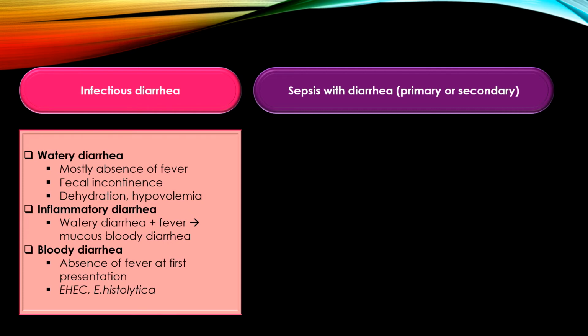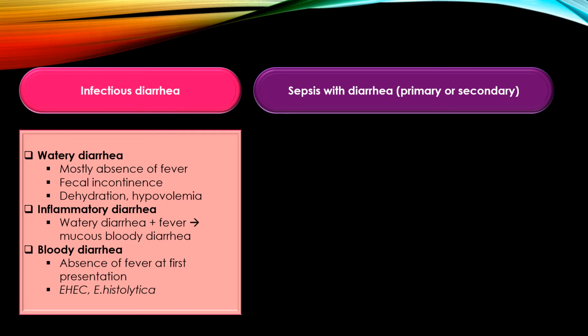This may start with watery diarrhea, with or without fever, and then later develop mucus bloody diarrhea. You should know about this because in this category, the patient may start with watery diarrhea first, and then develop mucus bloody diarrhea. In this type you may find white blood cells in the stool.